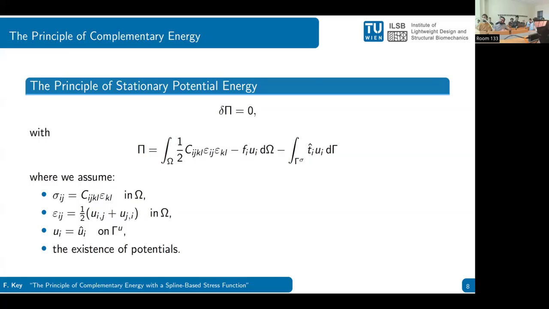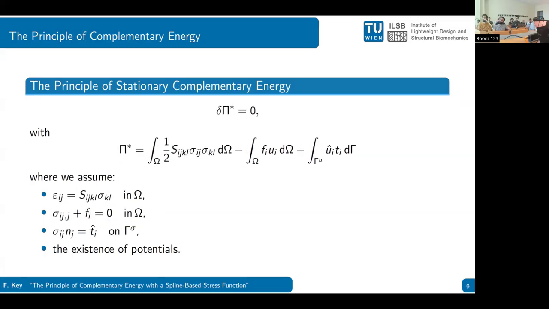A more technical, but still basic, assumption is the existence of a potential. Then you end up with this principle, and this basically gives you the opportunity to compute the displacements based on your given material and the boundary conditions.